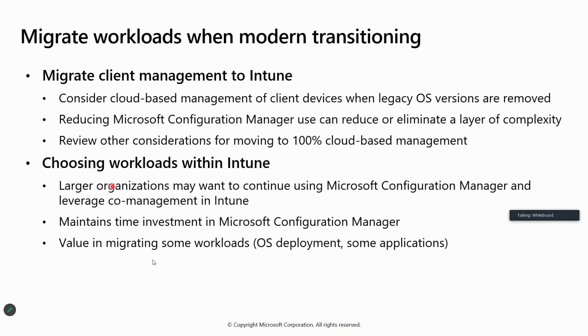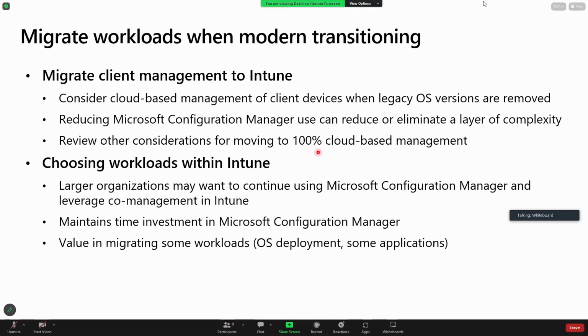If you're a large organization, generally, they will continue using Config Manager and leverage co-management in Intune. So you're maintaining your investment in your Config Manager and only migrating workloads where it makes sense. So that's all they're saying over here. Choose to migrate stuff across where it makes sense. But if you're a small organization, you might move everything across and go 100% cloud-based.